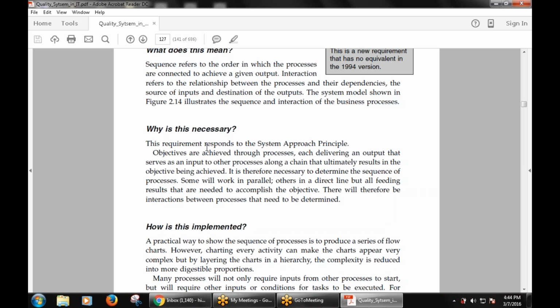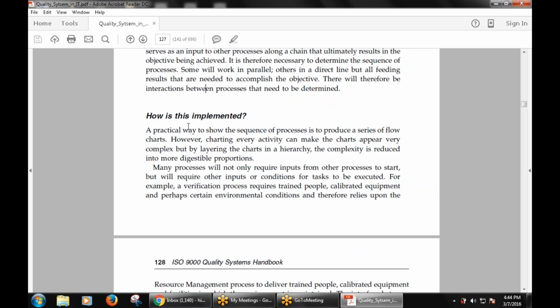Some will work in parallel, others in a direct line, but all feed a result that is needed to accomplish the objective. That means whatever interaction is required by the approach is required for the objective.